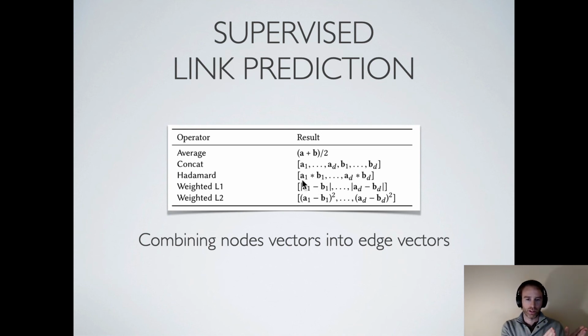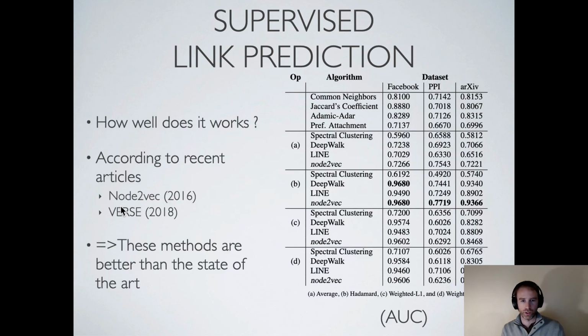So the first element of the vector of A and the first element of the vector of B, the second element of the vector of A multiplied by the second element of the vector of B, and so on and so forth. Or you could take also some notion of distance, also element by element of the vector. But again, there is not one which always works the best, even though often the Hadamard product seems to be the one that works the best. So you can use it to compute these embeddings for edges from the embeddings of nodes.